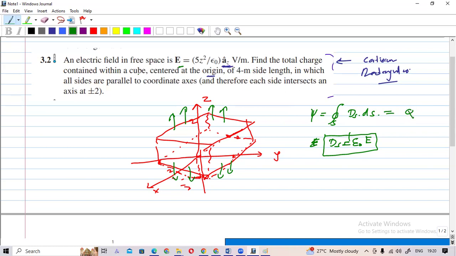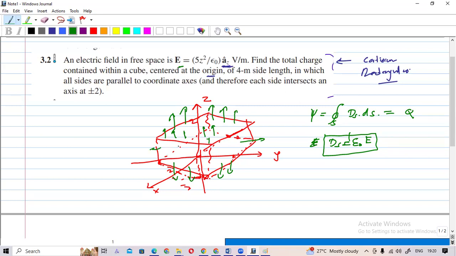Now if you consider the total flux contained within the cube, that flux should be in Z direction, not in this direction nor this direction.